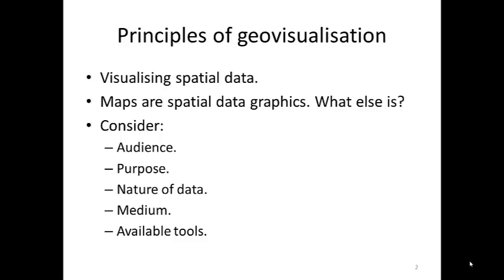So we can say maps are spatial data graphics, but what else might be considered a spatial data graphic that's not a map? What kind of things represent spatial data, or represent spatial data relationships, but aren't necessarily maps?